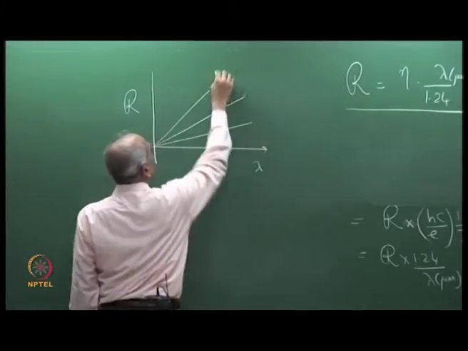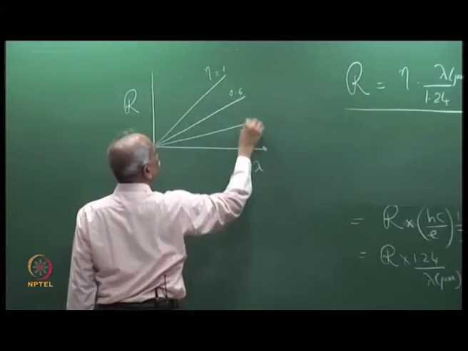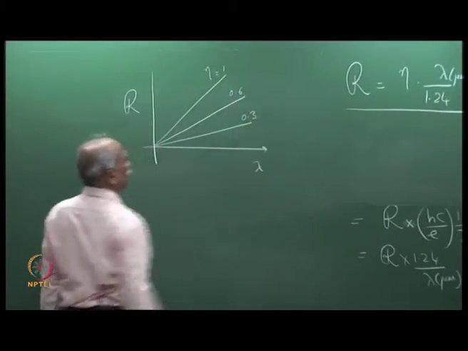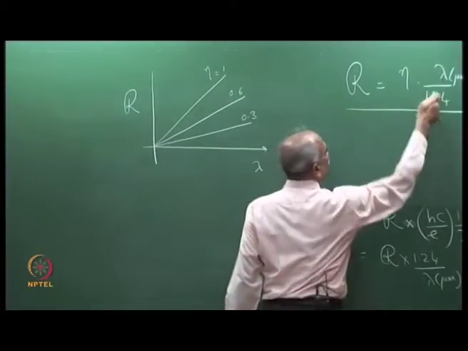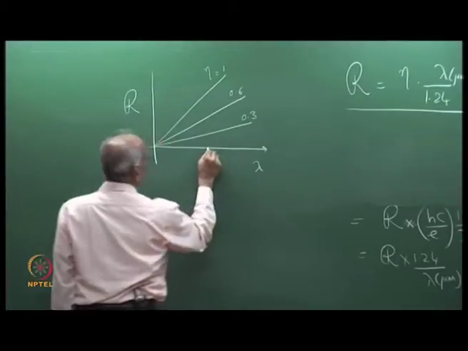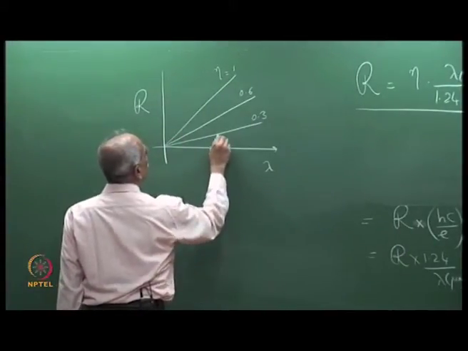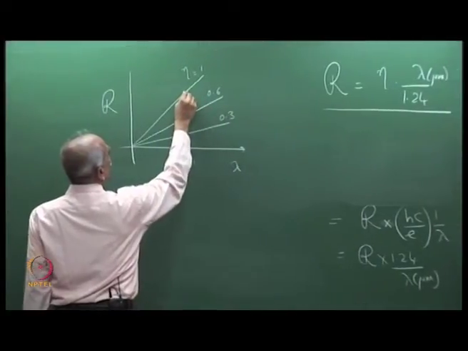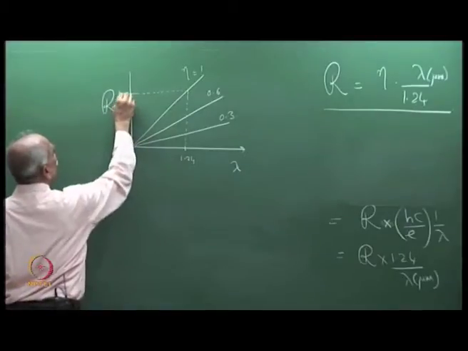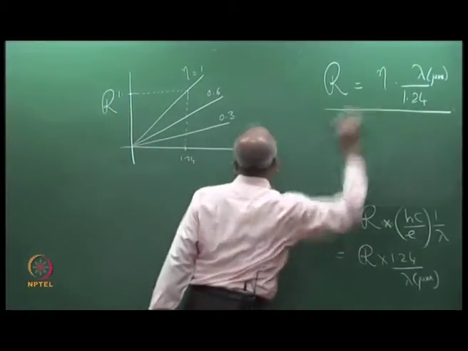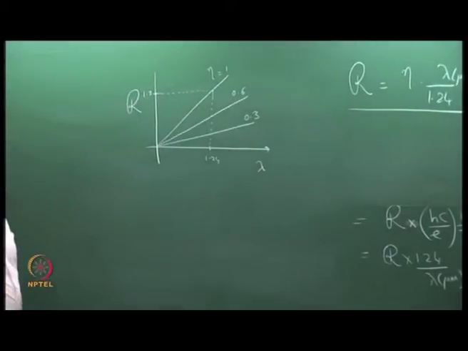So, this is what we have plotted, eta is equal to 1, maybe 0.6, 0.3, and this is with wavelength. So, you can see the typical numbers: if you take lambda here as 1.24 and eta is equal to 1, then responsivity here must be 1. So, lambda is equal to 1.24, then responsivity will be equal to 1.